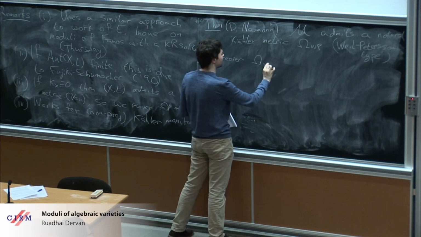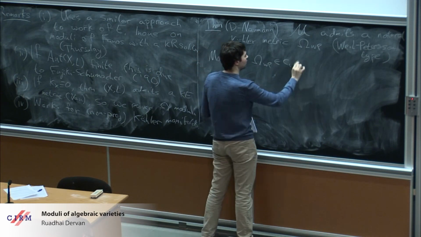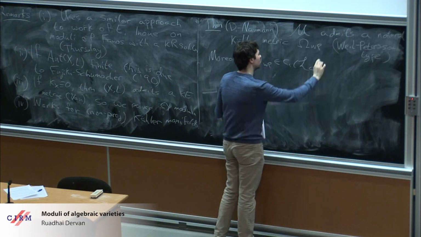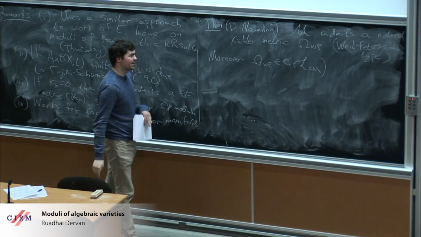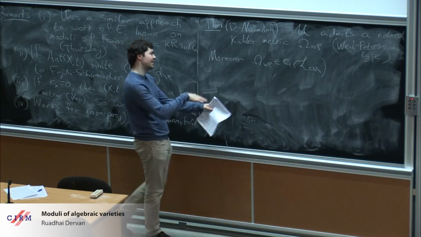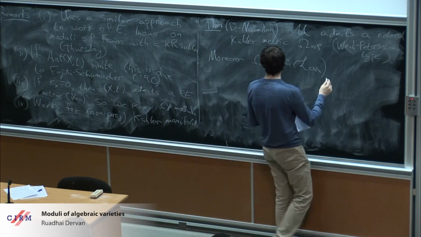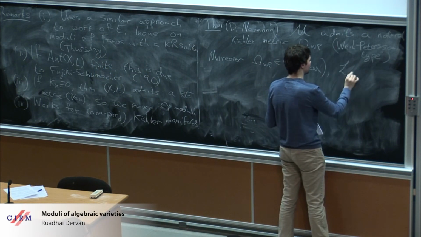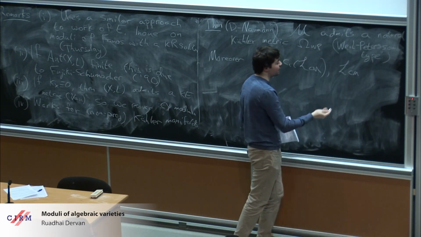Moreover, this is actually in an integral class. This is in the first Chern class of the so-called CM line bundle that we show actually descends to the moduli space that we construct.